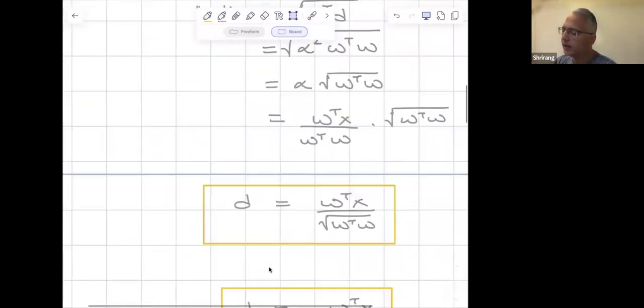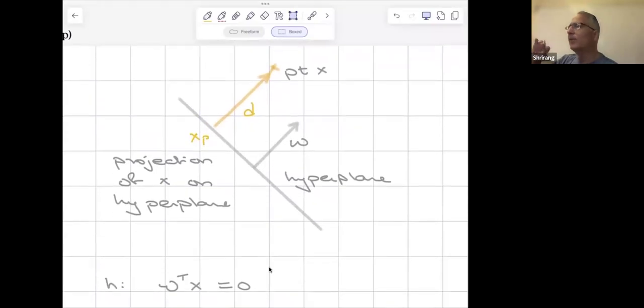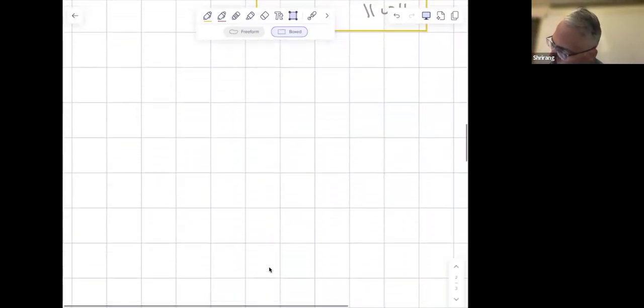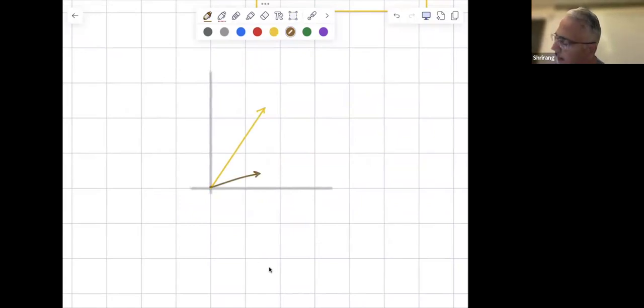There are many ways of interpreting the dot product, and we will be talking about this. If I have two vectors, let's say this is one vector and this is another vector, the dot product of these vectors is also the projection of this vector onto this.